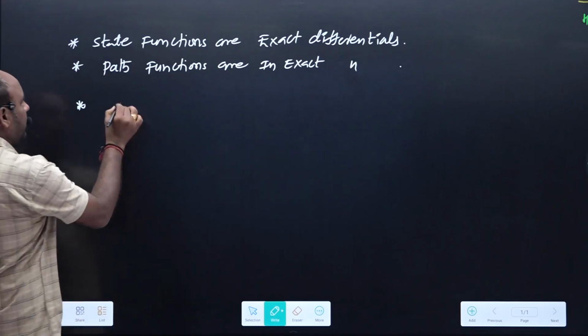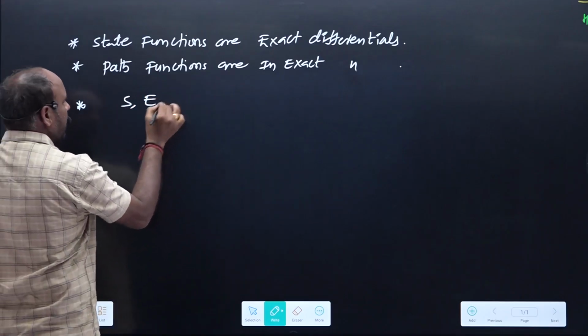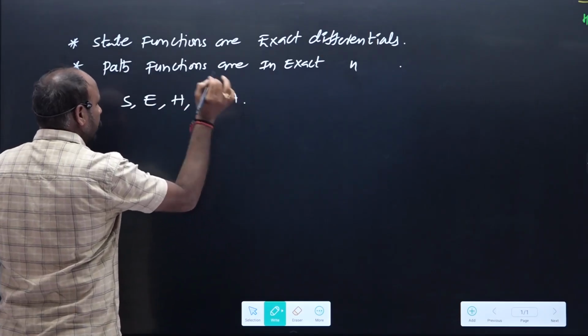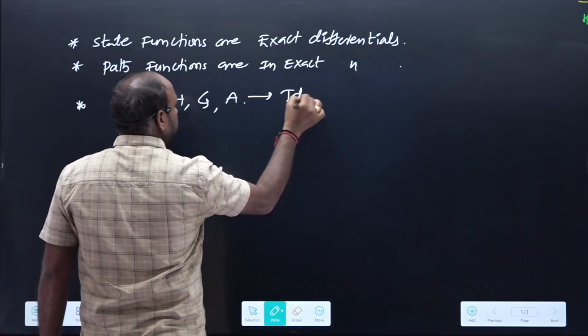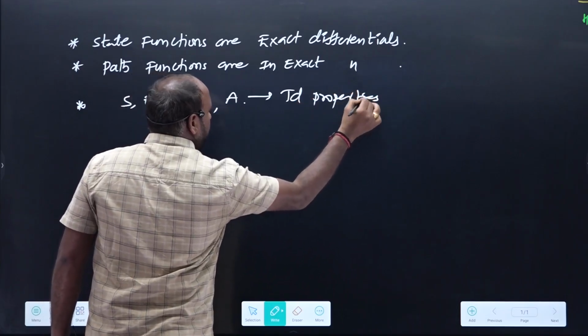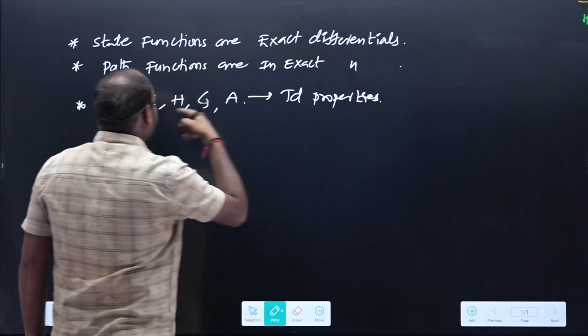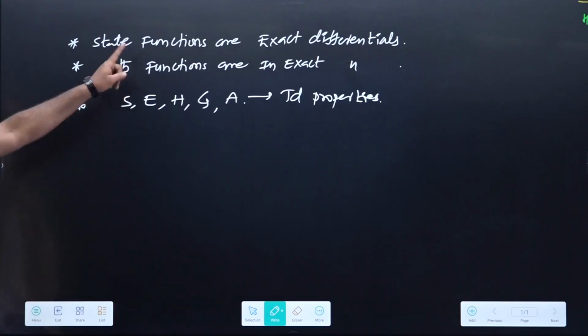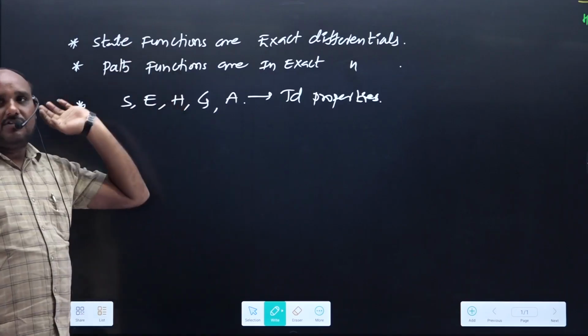What are the thermodynamic properties? Entropy, internal energy, enthalpy, Gibbs free energy and Helmholtz energy function. These are all thermodynamic properties. All thermodynamic properties are exact differentials, right? Because these all act as state functions.